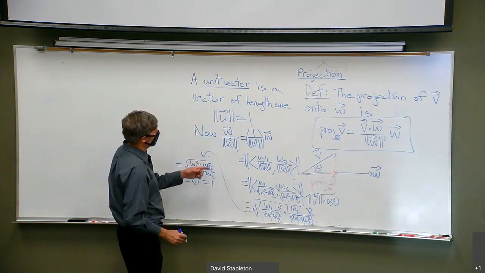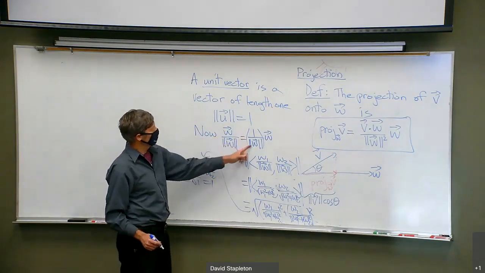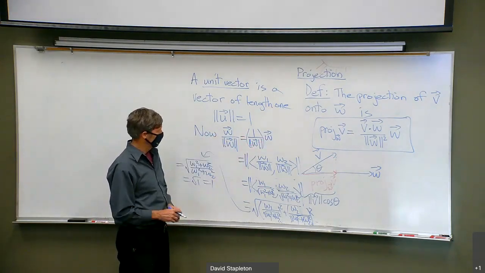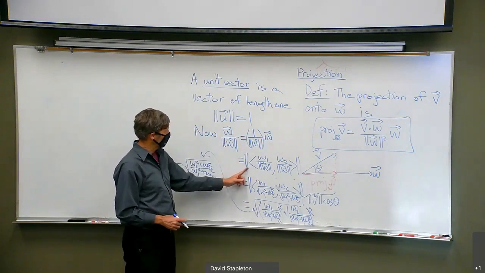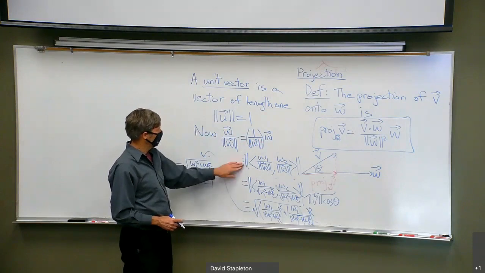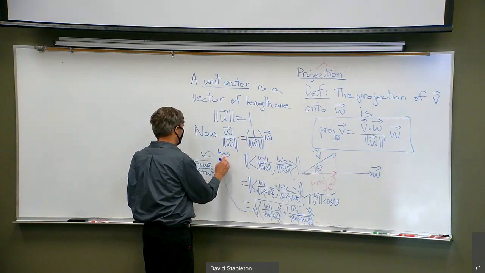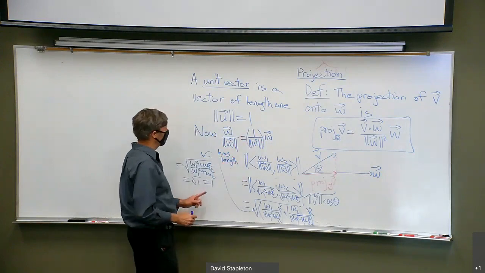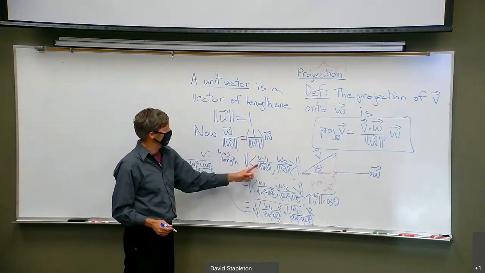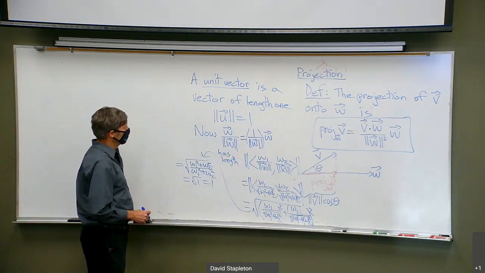If you divide a vector by its length, getting 1 over the length times the vector, you get a unit vector, because the length of the result is 1. We showed that if we take the length of this vector, we get 1.